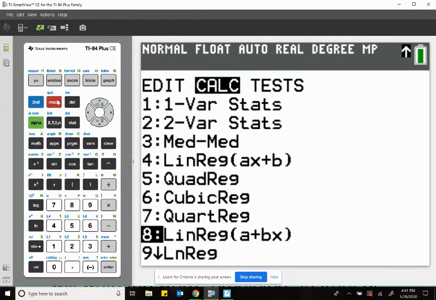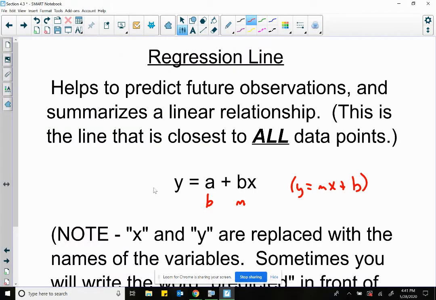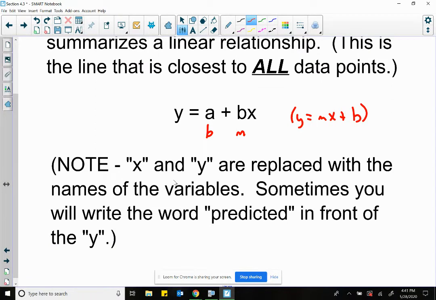All right, so let's jump out of that and let's talk about modeling some more. Please know that when we deal with this equation, we do not actually use variables x and y. They are replaced with the names of the variables.